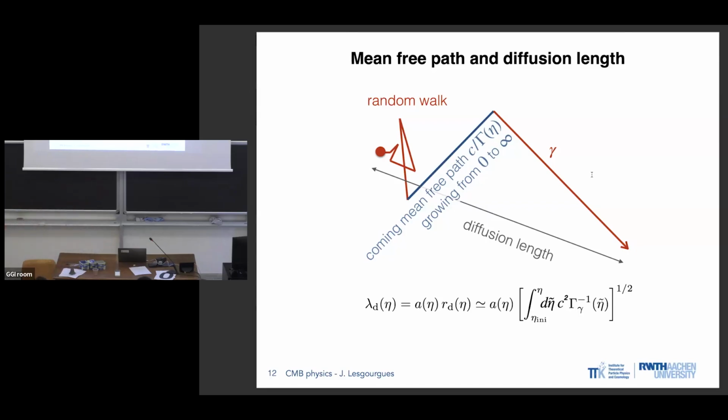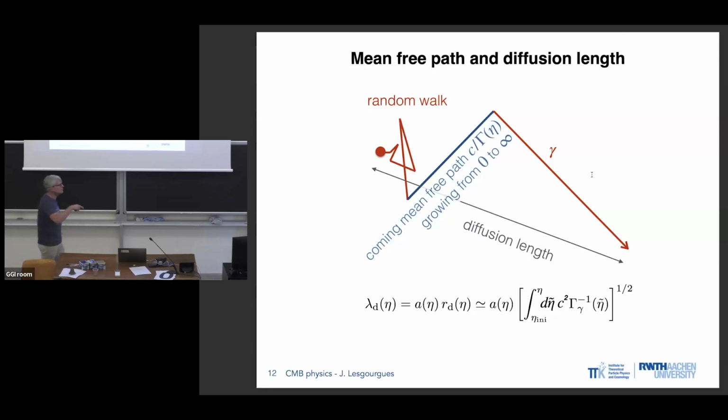And because of all this rescattering, what is interesting to quantify is the distance traveled by a photon between its initial position and a later time eta. If the photon was always going in a straight line, you would need to integrate over the mean free path, c over gamma.